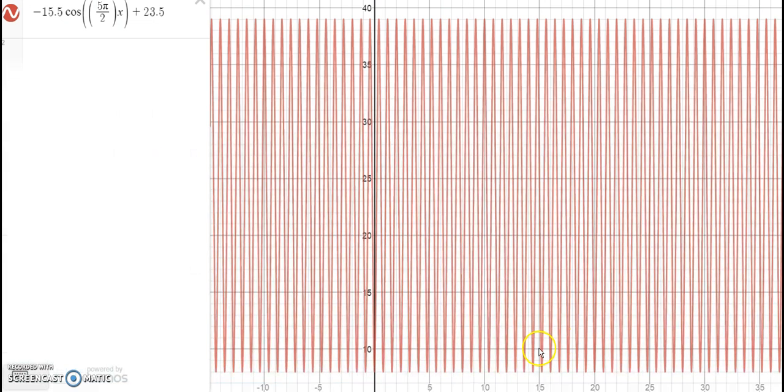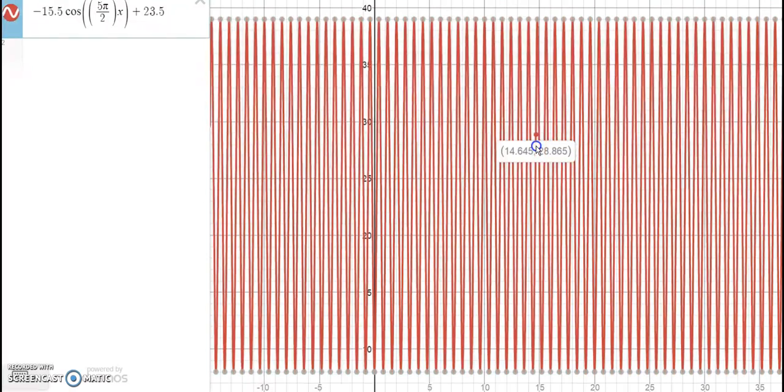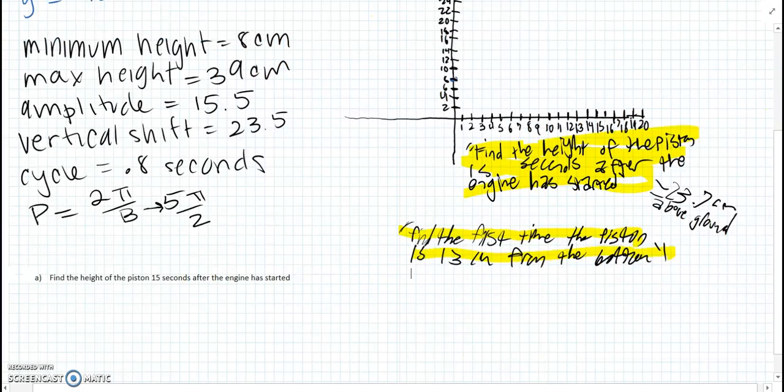So to answer the question, we use the graphing calculator with tracing capabilities to determine where the y position would be at x equals 15, since that would be the time. So we go to 15 exactly on the x-axis, and we find that our y position is 23.5. So that answers our question, saying that it is 23.5 centimeters above the ground.